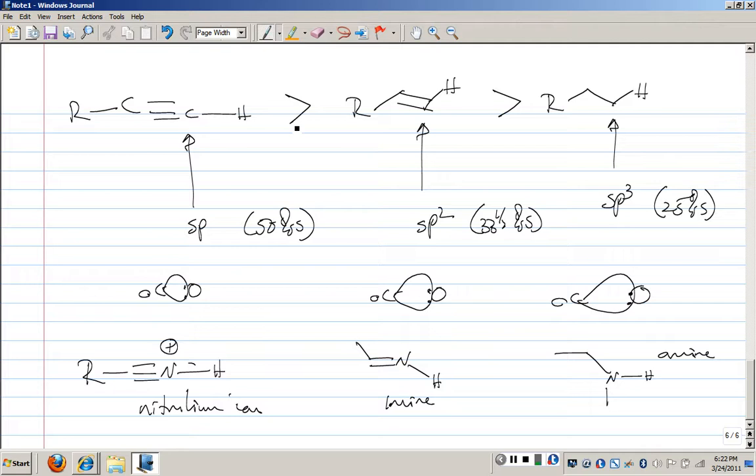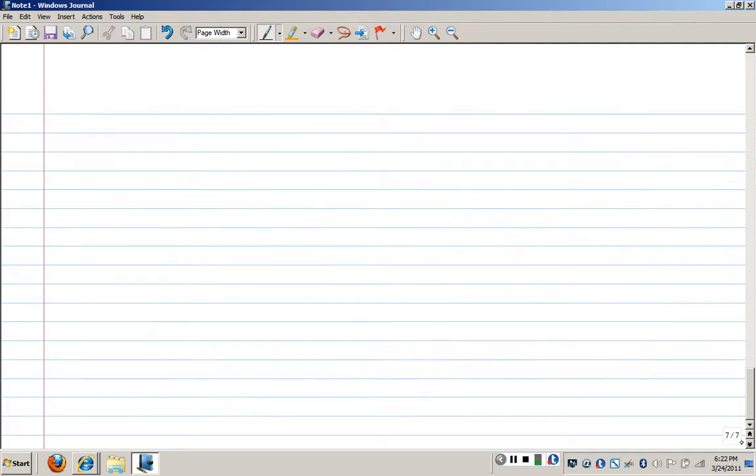Okay. There's one other feature of the hybridization state that's important. And that is, let's imagine the orbitals again. So here is the sp3 hybrid of the carbon of the alkane. Here is the sp2 hybrid, and it's rounder and smaller. Here's the sp2 hybrid of the alkene.